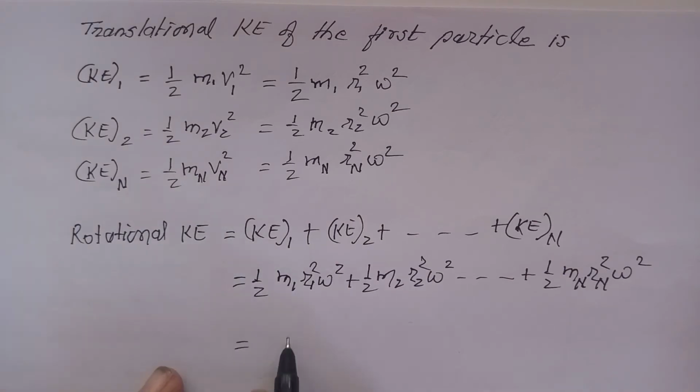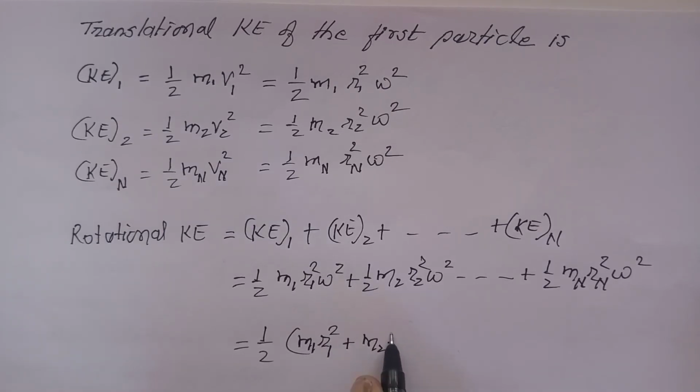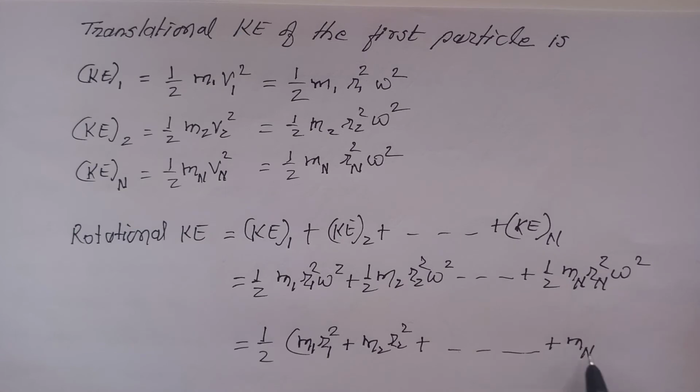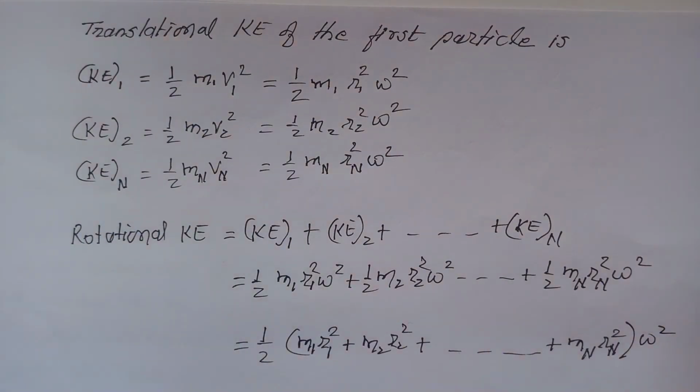Now I can take the half common. In the bracket I can write m1 r1 square plus m2 r2 square plus and so on up to mn rn square, and omega square I can take common.